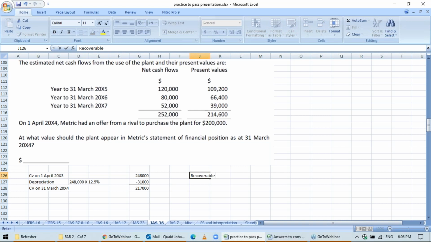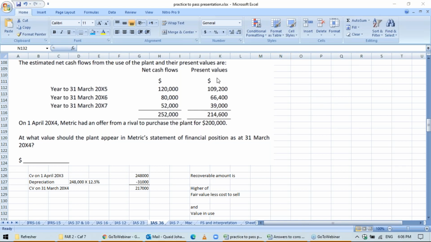So you should remember what is recoverable amount. Recoverable amount is the higher of the asset's fair value less cost to sell and value in use. So you are given the value in use in this question.